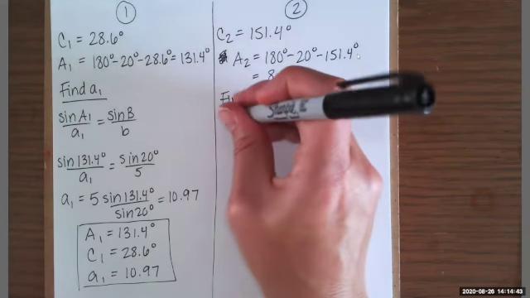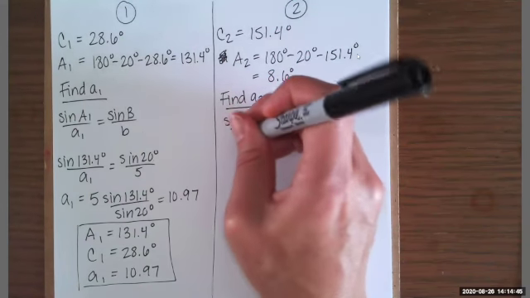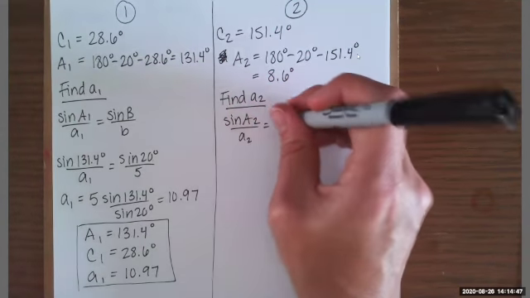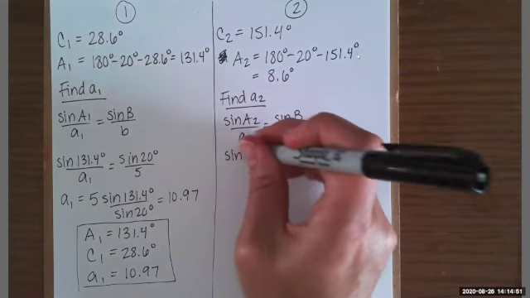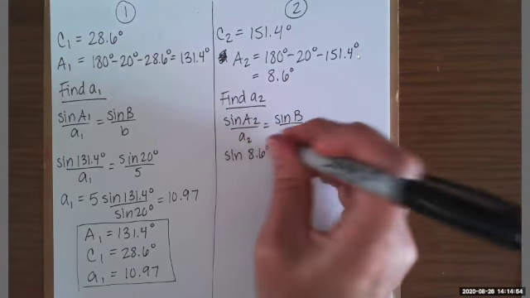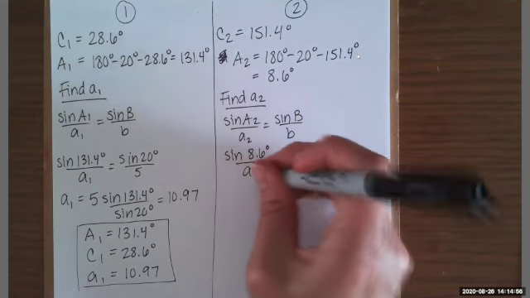So I set up sine of A2 over side A2 is equal to sine of B over B. And we proceed in the same manner.